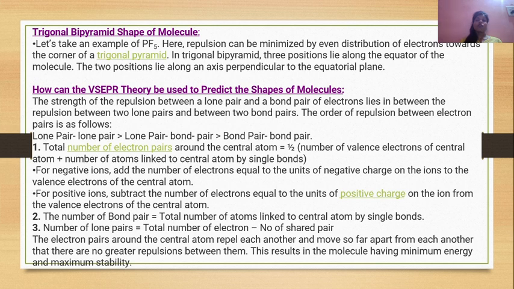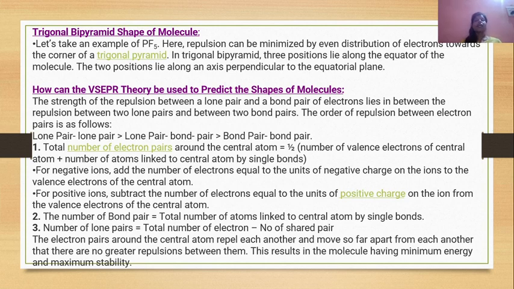By calculating this, on the basis of the valence electrons of the central atom and the total number of atoms linked to it, we can get the total number of electron pairs around the central atom.